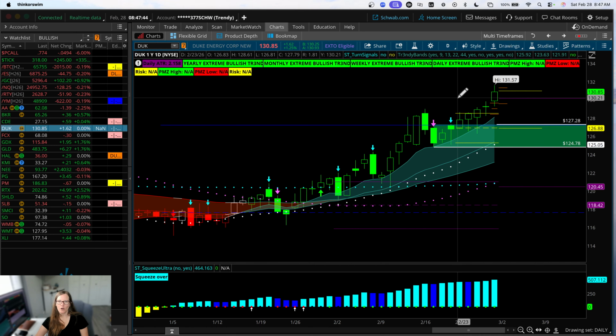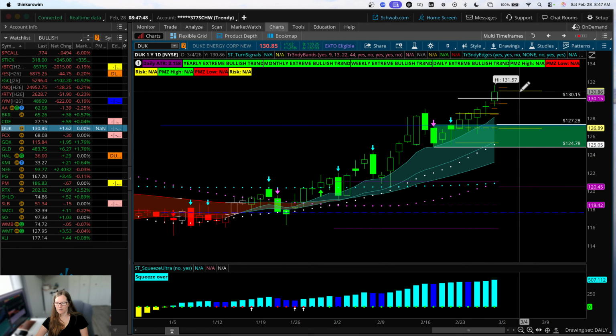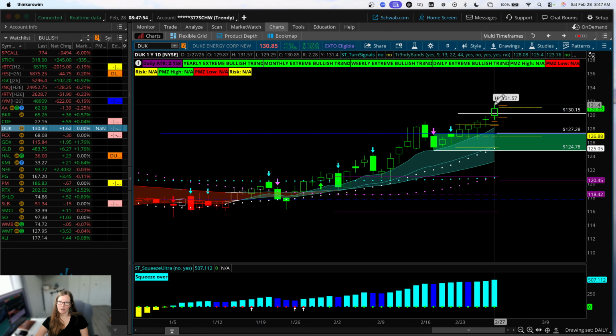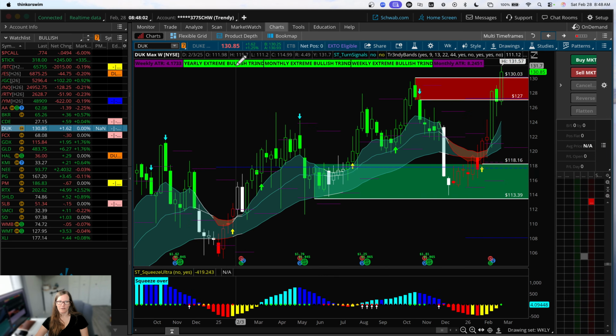And as far as targets go, that first target, I am using that upper monthly, upper weekly, and all-time high. Now, what do we do to find targets above the all-time high, you might ask? Very simply, if I'm intending to be in this trade for about a month, I want to know what the monthly ATR is, and it's about $8.